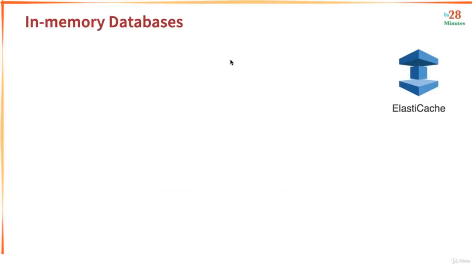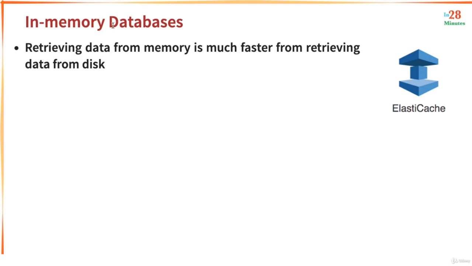Welcome back. In this last set of databases that we will be talking about, we'll be talking about in-memory databases. There are databases which are completely in memory. Why are they popular? They are popular because retrieving data from memory is much faster than retrieving data from disk.